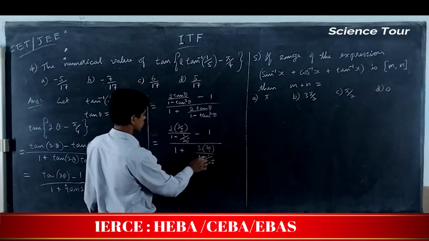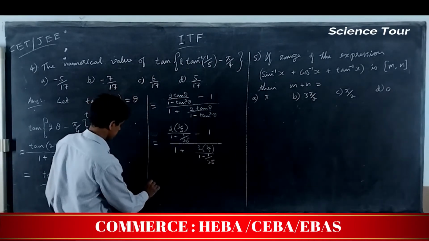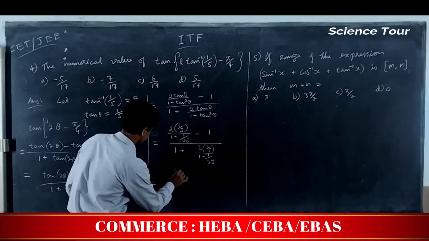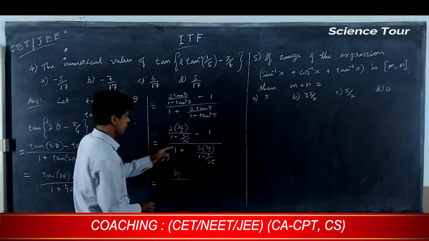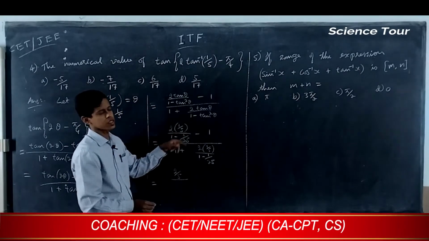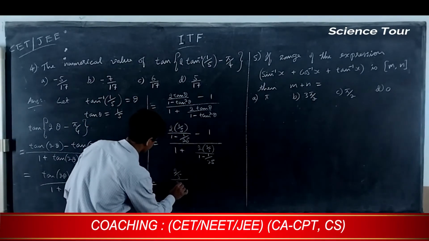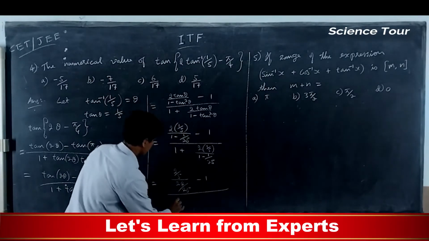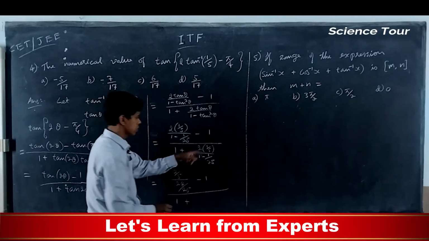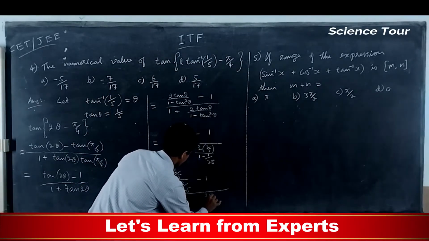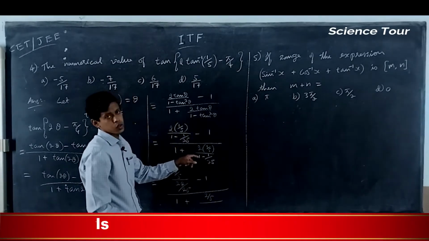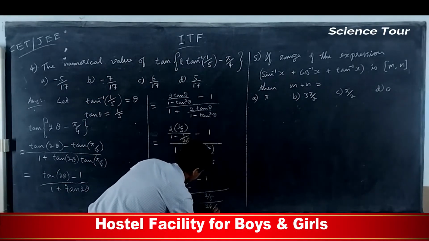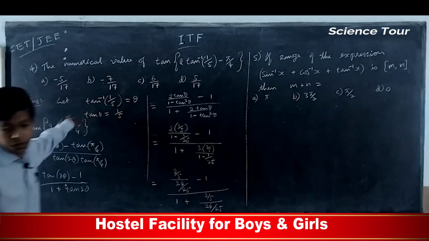So this is what I have to simplify. So this is 2 by 5 divided by 25 minus 1, that is 24 by 25, minus 1 whole divided by 1 plus 2 by 5 divided by 24 by 25.